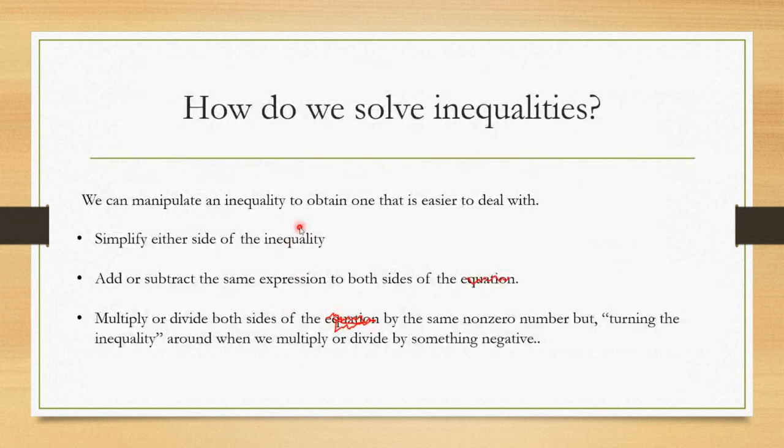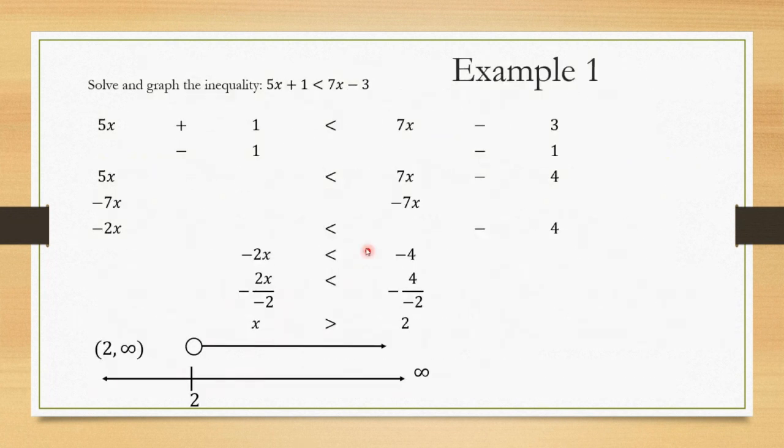Okay, so that's what we want. So here we have 5x plus 1 that is going to be less than 7x minus 3. We want to get x all alone. So I'm subtracting 1 from both sides. Again, there's more than one way to proceed, but you have to somehow get x all alone.